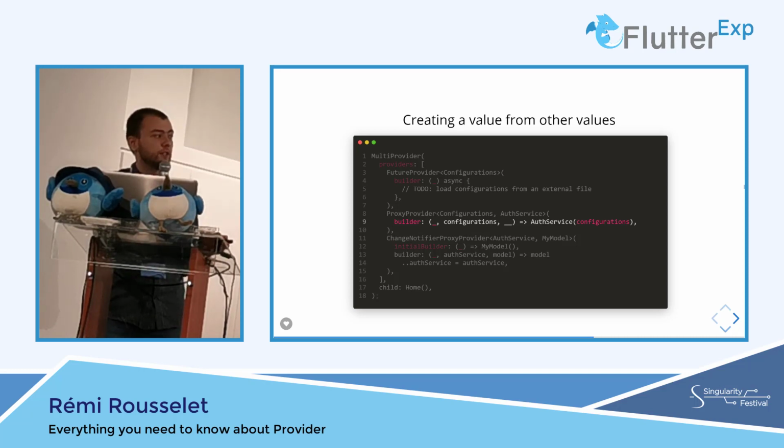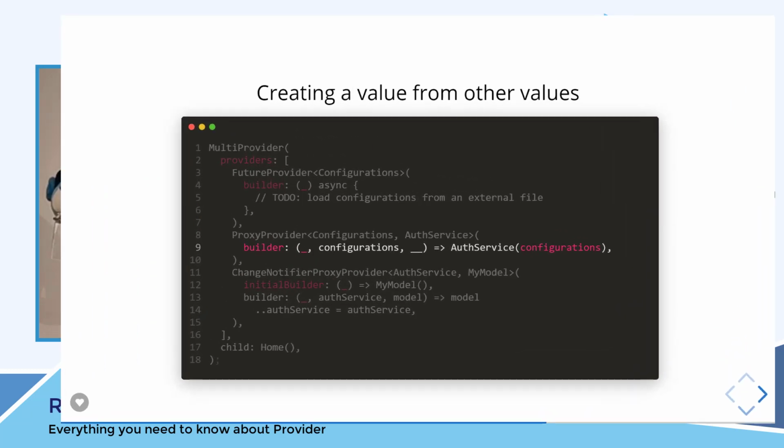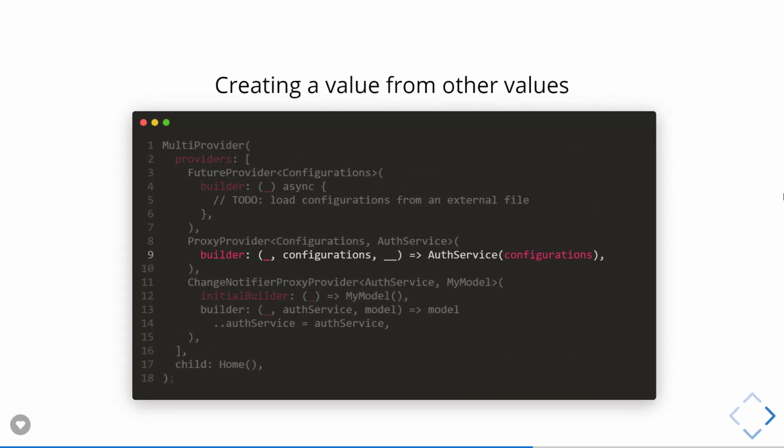We can then pass it to our auth service. And the interesting thing with this is that whenever our configuration changes, the authentication service will automatically be recreated accordingly. Because, for example, in our example, our configurations are asynchronously loaded, which means that on the first frame we don't have configurations.